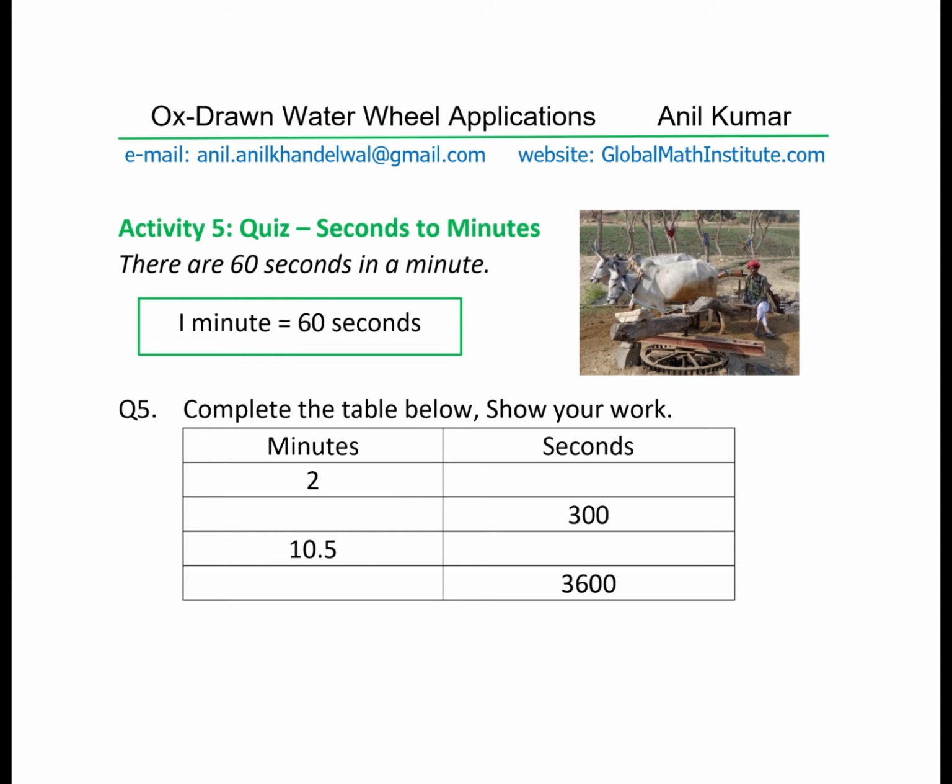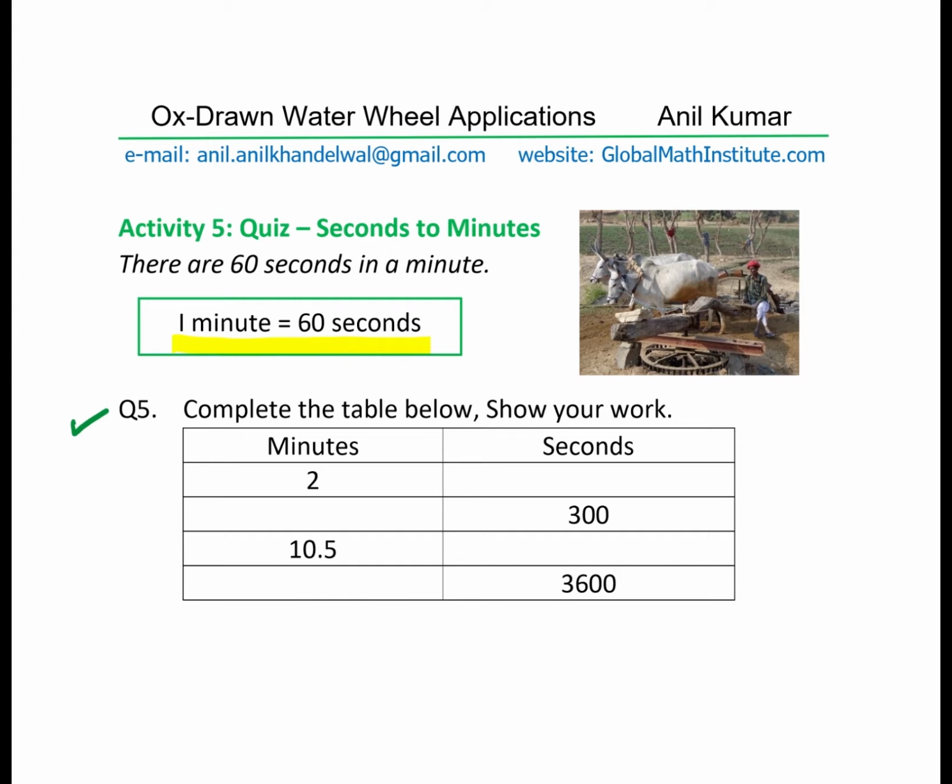Let's move on and take the next example, question number 5. Here, we'll just practice conversion of time units from minutes to seconds. I'd like you to pause the video, complete this table, and then we are going to discuss. As you know, 1 minute has 60 seconds. Keep that in mind and then do the conversion.